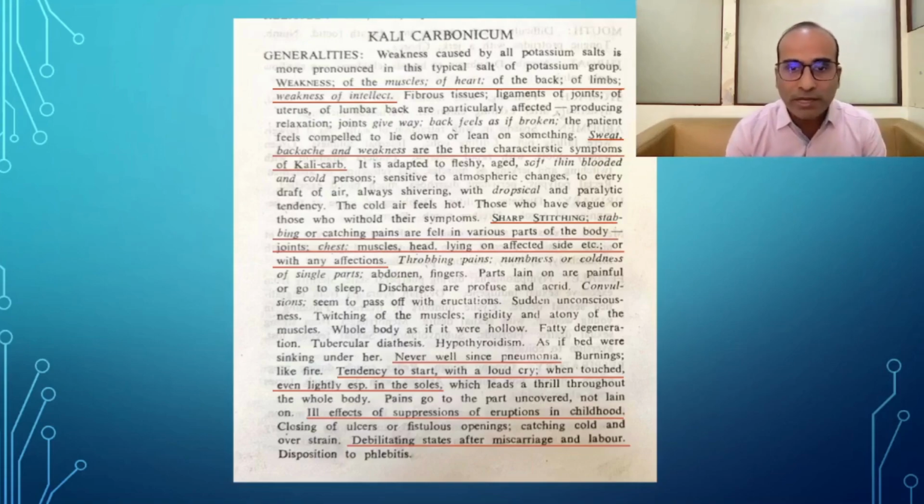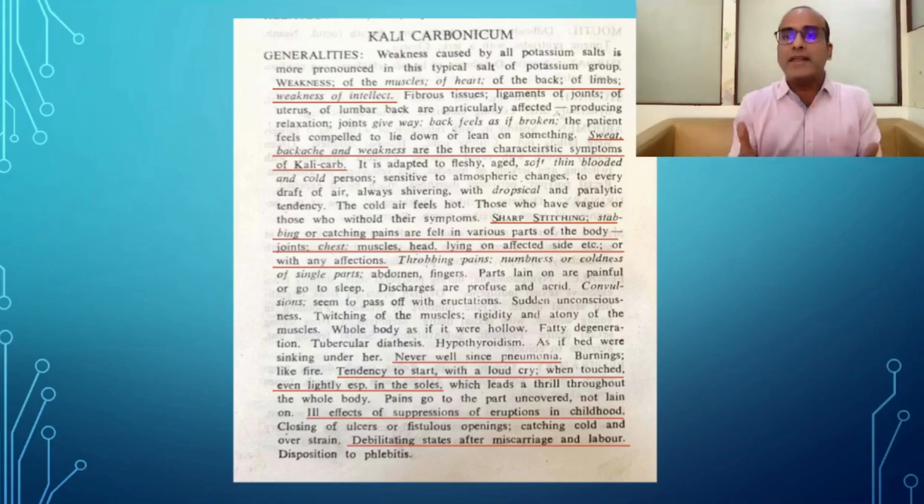Then you go down, he talks about the element from causation: never well since pneumonia. So if any complaint starts after pneumonia, the patient is not well since pneumonia, you can think of Kali Carb. Then he gives one more general trait, startling, a tendency to start. When touched, when there is a loud sound, when somebody touches the soles of the feet, Kali Carb startles.